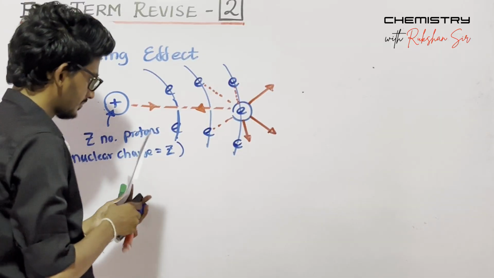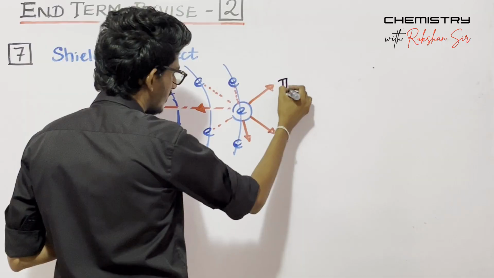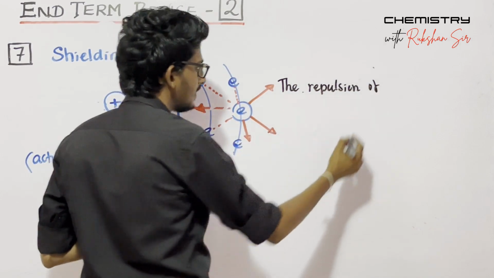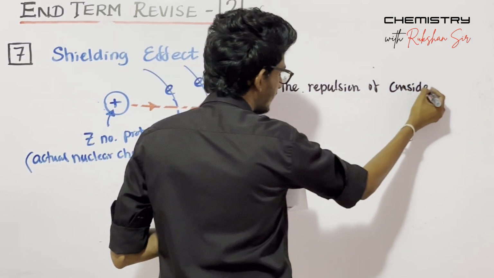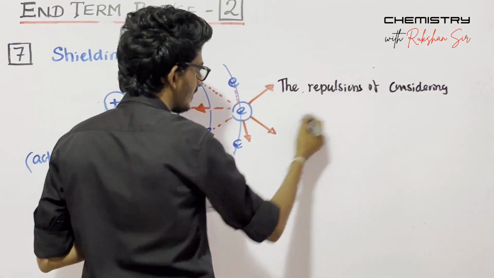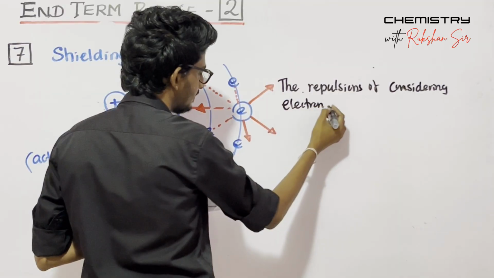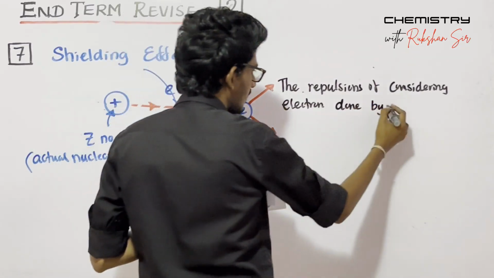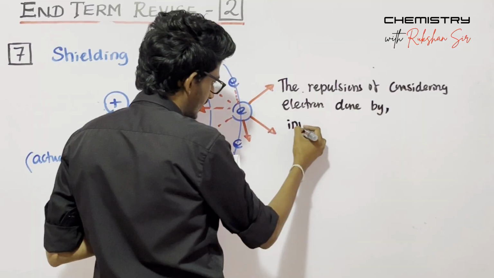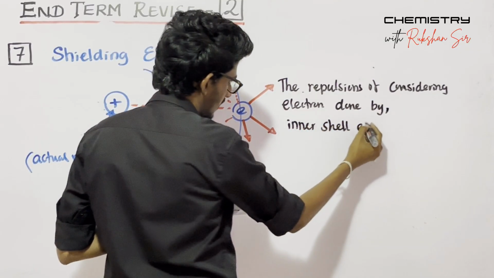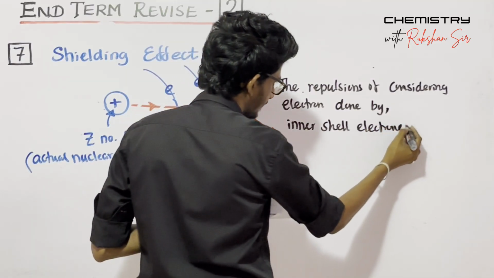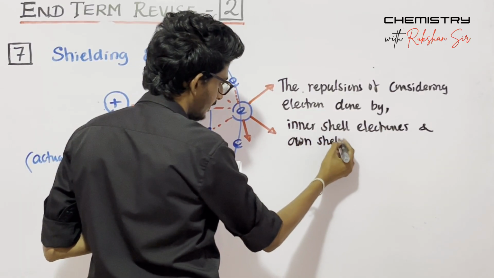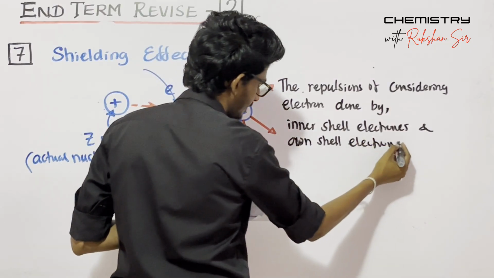This is actually the repulsion of the considering electron, which is done by inner electrons and on-shell electrons.